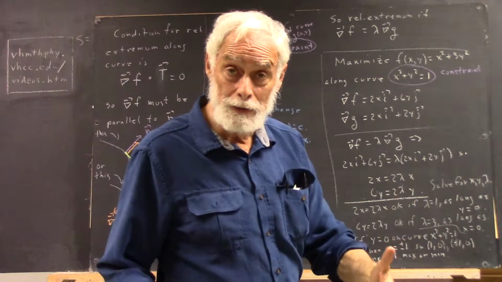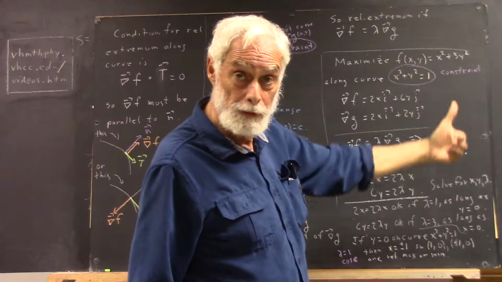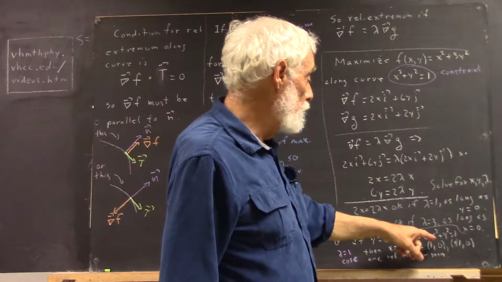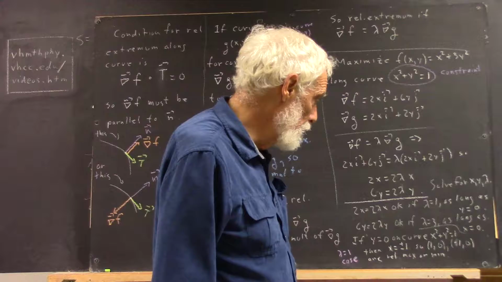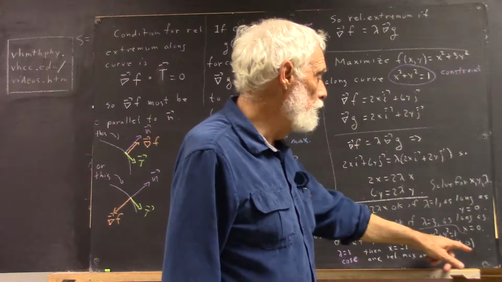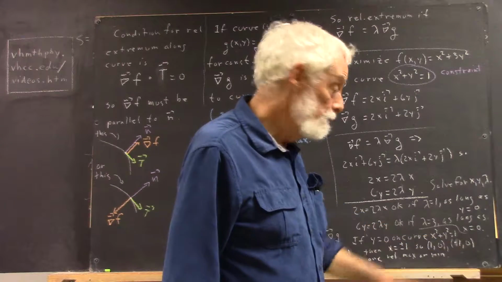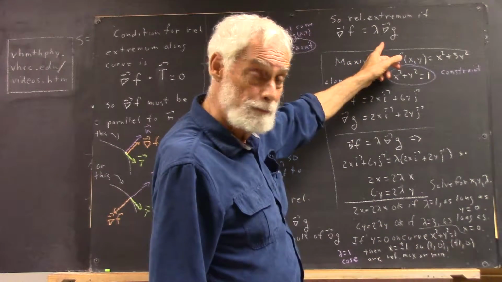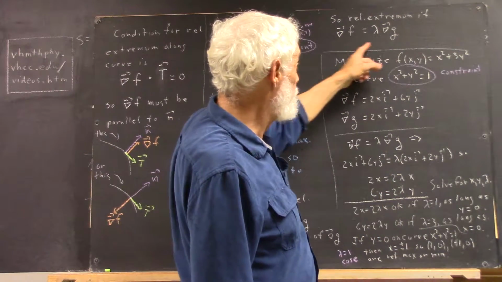That means that x squared has to be 1, so x is plus or minus 1. Okay? So if y is 0 on the curve x squared plus y squared equals 1, then x is plus or minus 1, so that your points are 1, 0, and negative 1, 0. And at these points, this condition holds, with lambda equal 1. So at these points, del F is equal to del G.